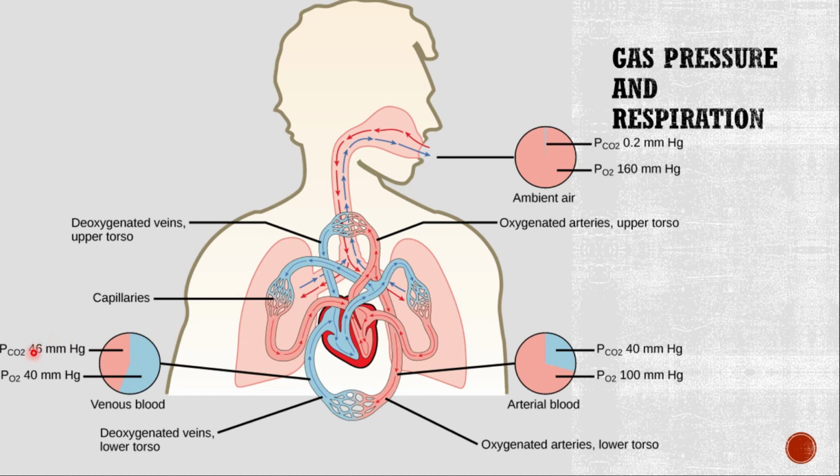Now we can observe that the partial pressure of carbon dioxide, 46 millimeters of mercury, is much more as compared to the normal ambient air here. That's the reason carbon dioxide will be expelled easily from the lungs, that is, from higher concentration towards lower concentration, while oxygen has a low concentration here as compared to the ambient air.